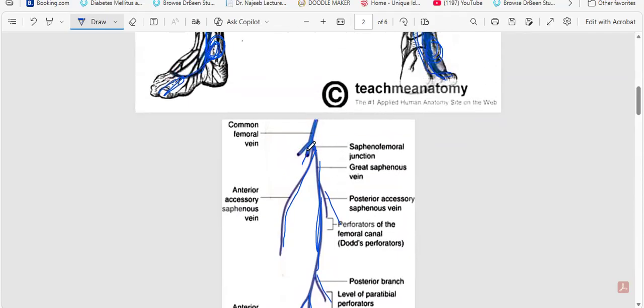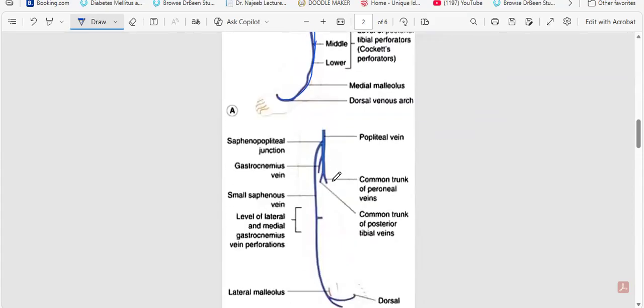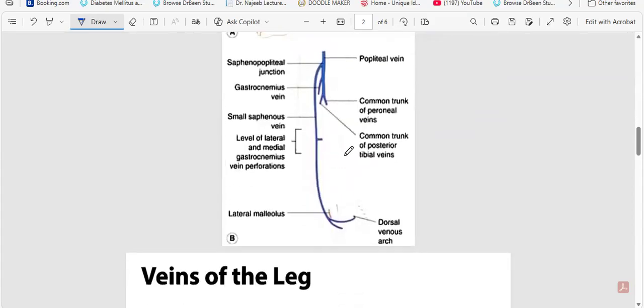Again, it has three branches. This is the great saphenous vein. This is the small saphenous vein. It starts from the dorsal venous arch.